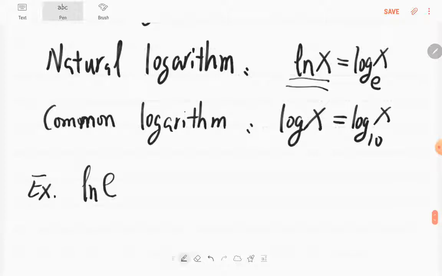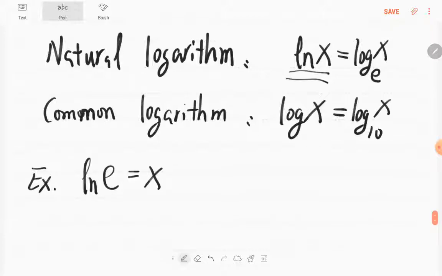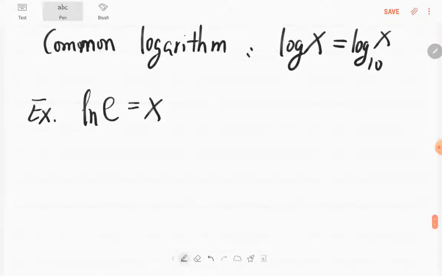ln e equals x. What is x here? There are still two ways. One way is ln is the log to the base e, so I can rewrite this as log to the base e of e equals x.